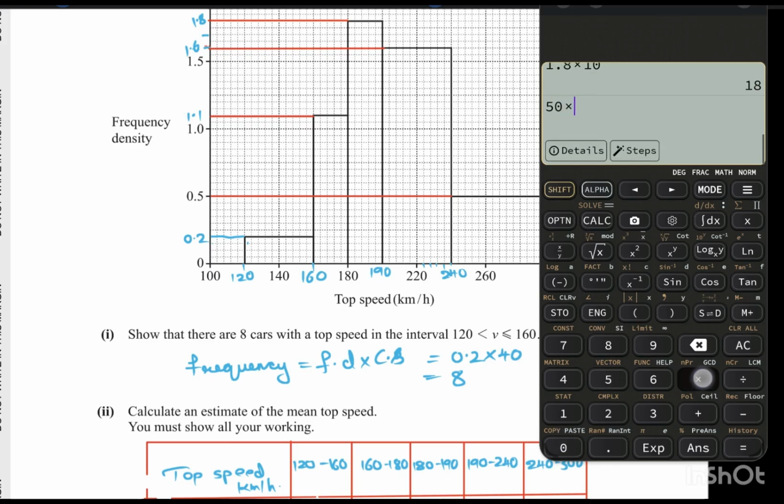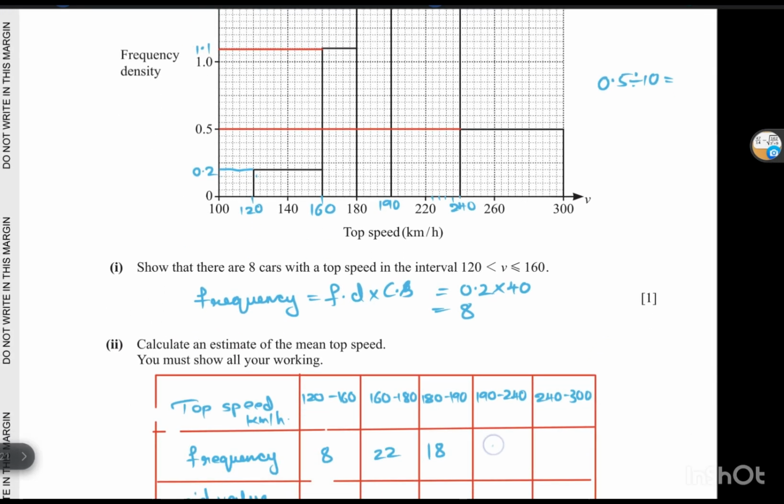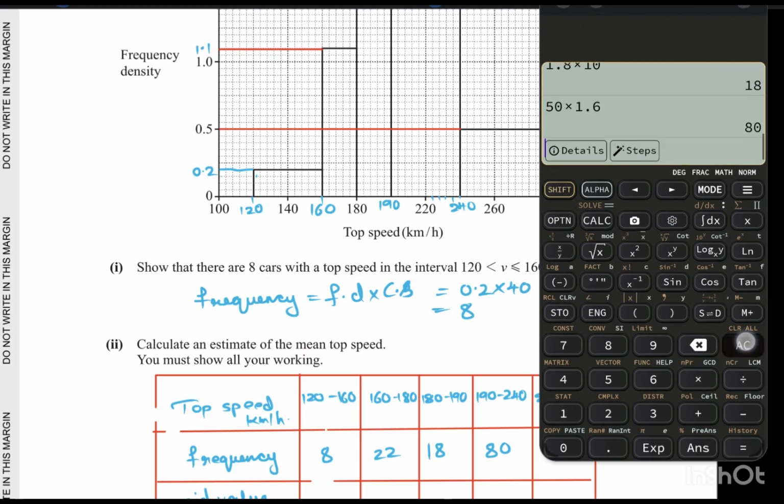So 50 into the frequency density 1.6. So it's 80. So this is 80. Last now, 0.5 into 60, since 240 to 300 will be 60. So 60 into 0.5 is 30.